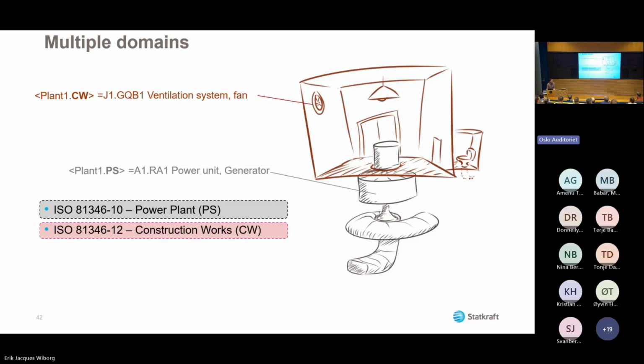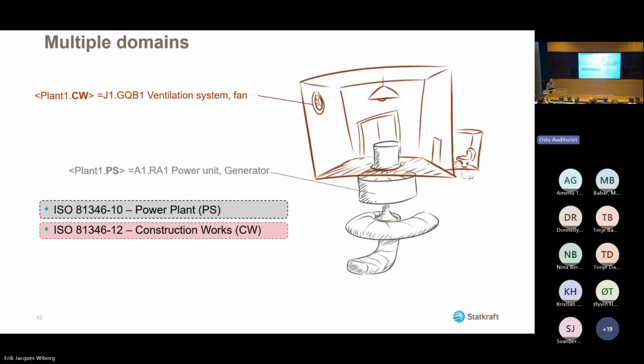When we started working with part 10, we were faced with this problem. We have buildings, we have tunnels, we have roads, we have a lot of different stuff in our power plants. But everyone sitting around the table was a hydro engineer, mostly, at the time. And we don't know anything about buildings. We don't know about ventilation systems or lighting or how a toilet works. So we did not want to include everything that's in part 12 and make it part 10 plus the production part.